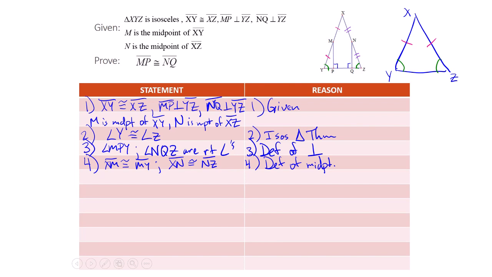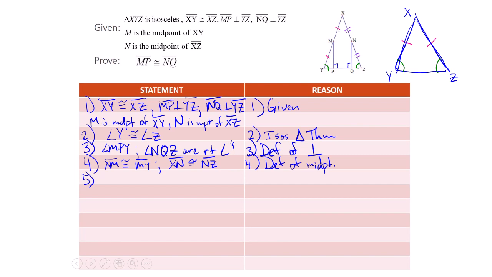We know that these are congruent, and we know that these are the midpoints. So it seems like if we cut two things that are the same in half, then their halves would be the same, right? And that's true, but we have to prove it. We have to explicitly get from point A to point B with that logic chain.